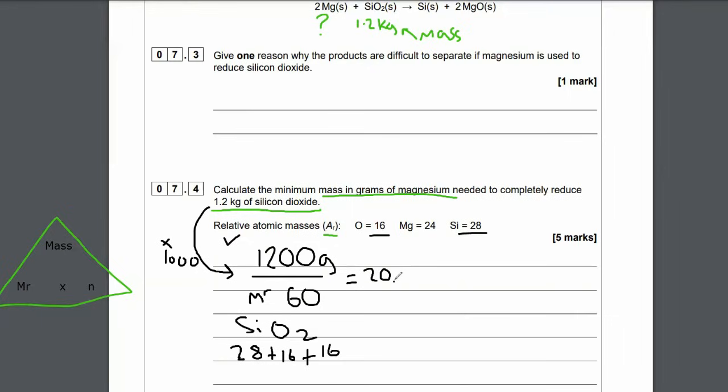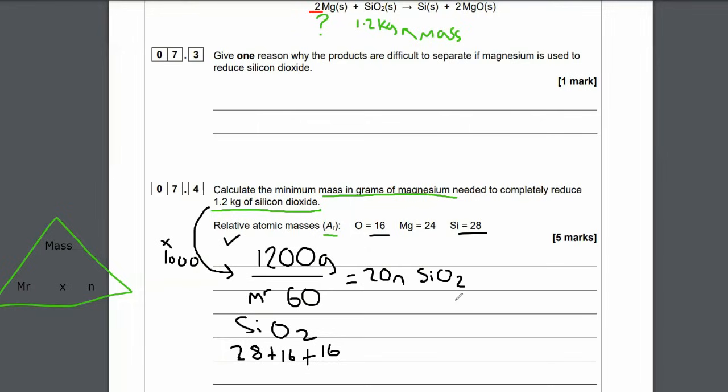So I have 20 moles of what? Of silicon dioxide. How much magnesium would we need to completely get rid of it? This is where you've got to come to what we call the coefficients. Now, coefficients are the big numbers in balanced equations. Look there, there's a big 2 in front of Mg, but there's no number in front of SiO2.